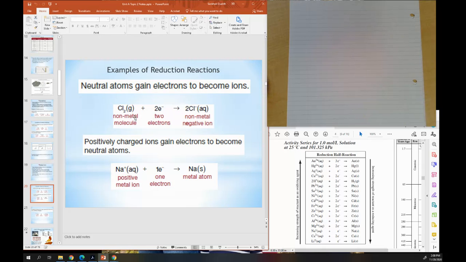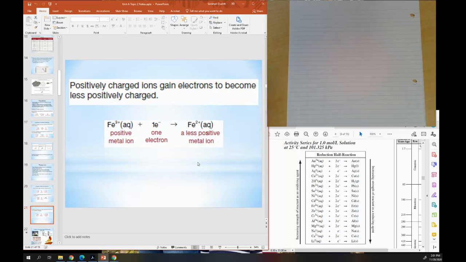In this case, the chlorine atom has gained 2 electrons in order to become 2 chlorine ions. We can have positively charged ions gain electrons to become neutral atoms. So in this case, we have our sodium ion. It gained 1 electron to become the metal atom.